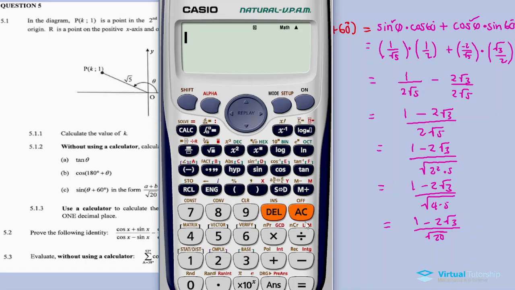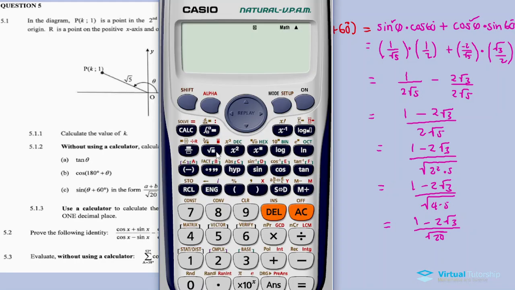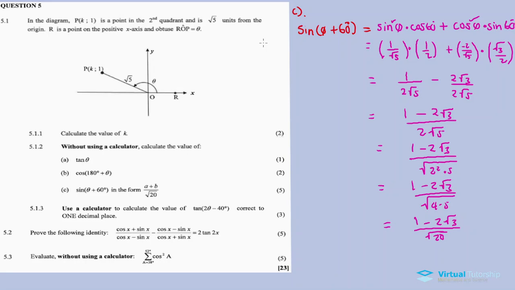I thought the calculator could somehow do this, but I wanted to show you that in fact this 2 square root 5 is in fact the square root of 20. Or you can just do this. See? I'm not fooling you, my friends, look. Yeah, 2 square root 5 is equal to the square root of 20.